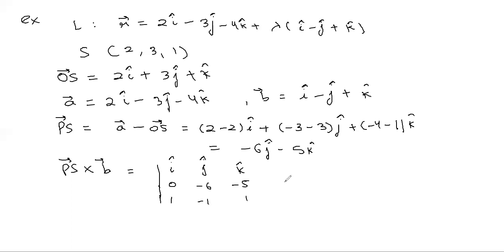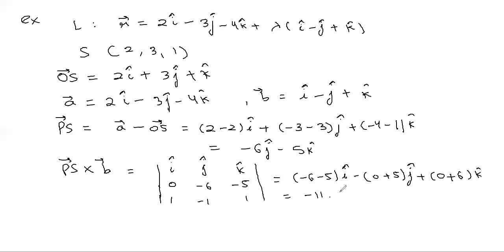So the answer here is (6 minus 5)i minus (0 plus 5)j plus (0 plus 6)k. That's it. It is minus 11i minus 5j plus 6k.